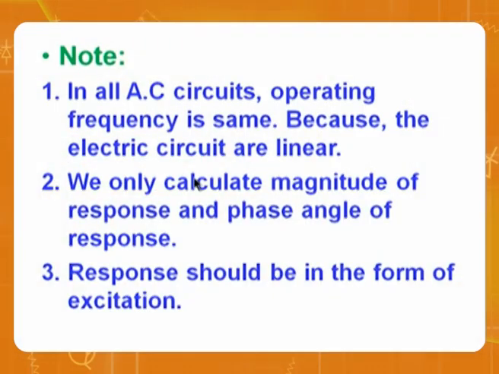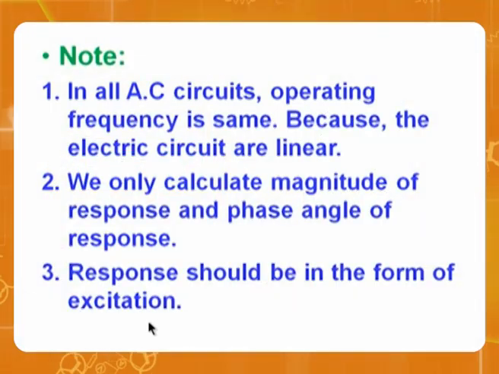Input phase and output phase are going to be different because the only thing that is going to be the same is frequency. That's a very important observation. Then as the frequency is fixed, we are going to calculate magnitude and phase angle. After calculating the magnitude and phase angle, the response should be in the form of excitation.